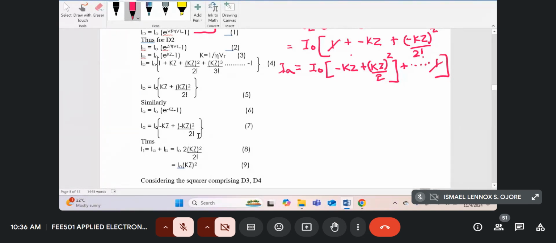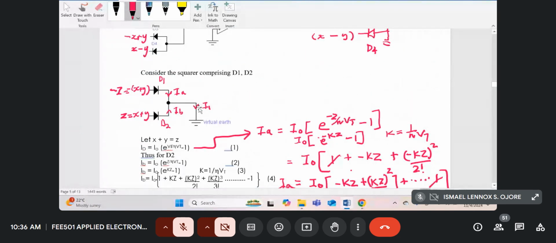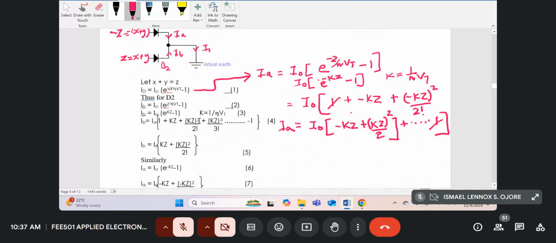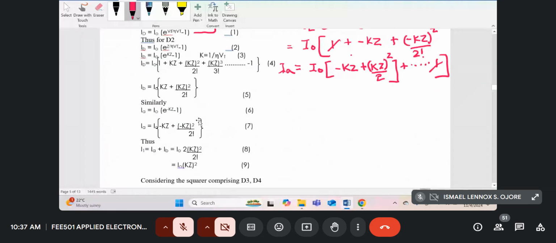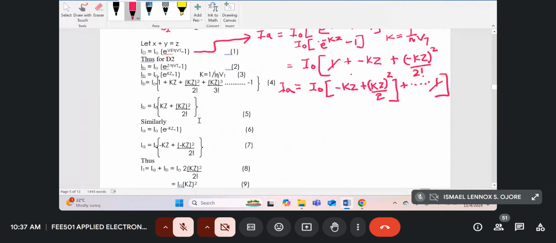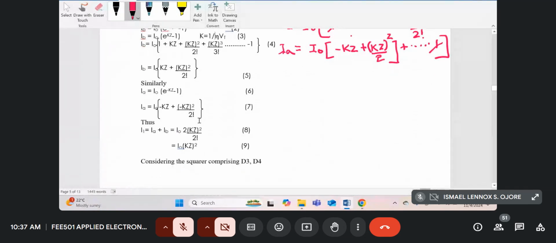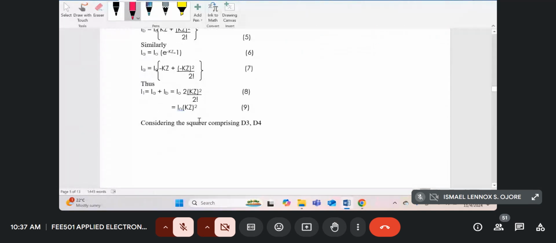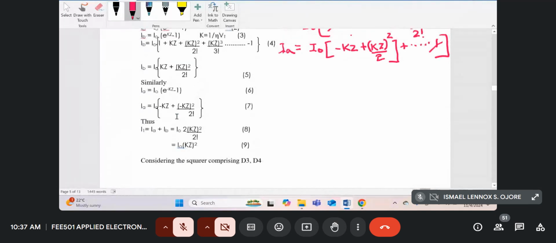And therefore, current I1, which is the sum of the currents, this is current I1 over here. I_A is the current of the first diode. I_B is the current of the second diode. Therefore, I1 is just I_A plus I_B.